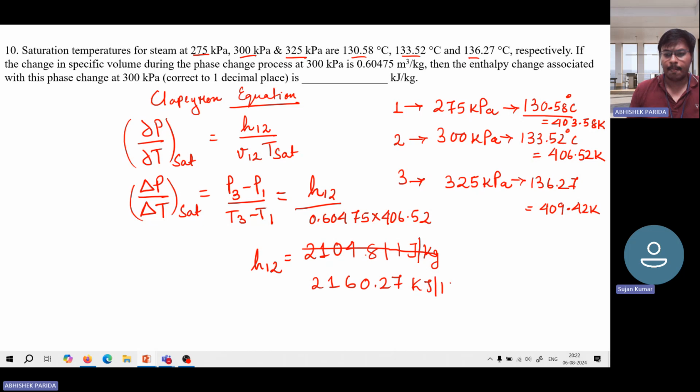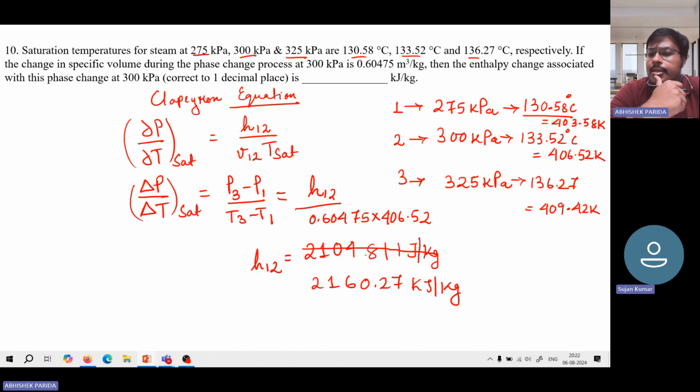I have one doubt, sir. Instead of (P3 minus P1)/(T3 minus T1), can we substitute (P2 minus P1)/(T2 minus T1)? Because we know all the saturation points at P1 as well as P2. If I substitute, I am getting some other answer.